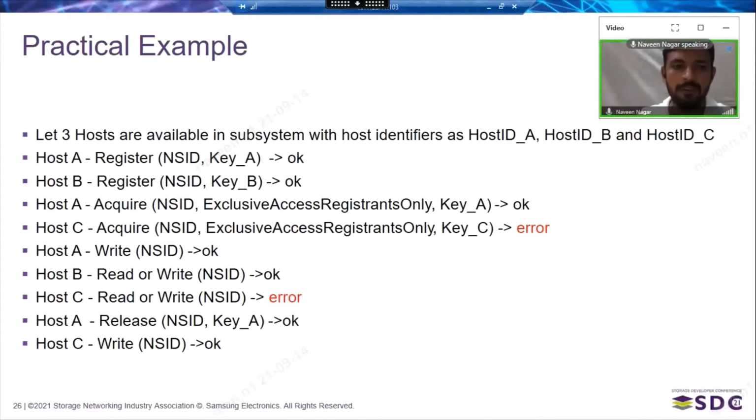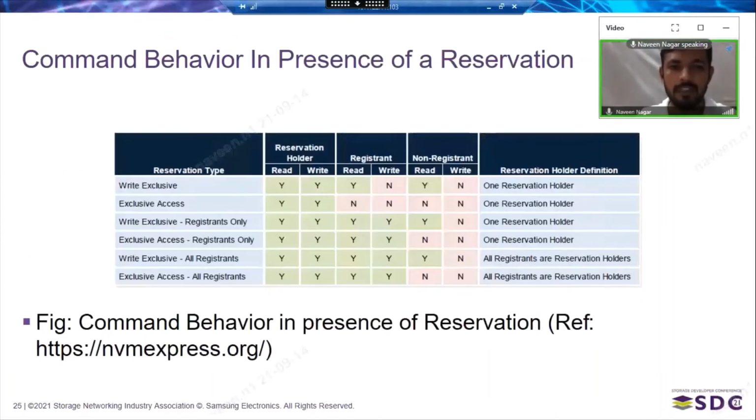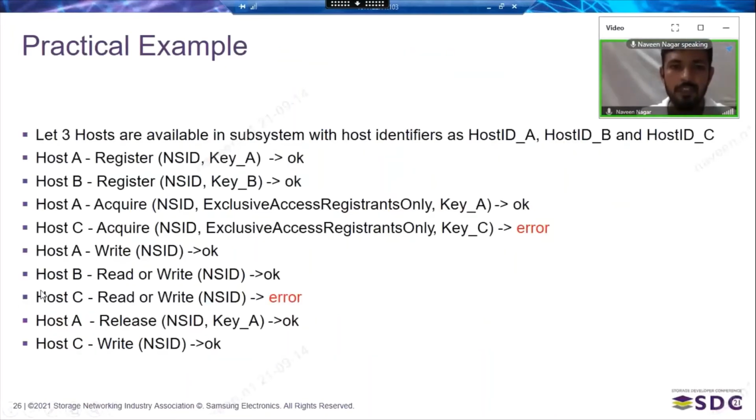And we have seen that if the reservation type is exclusive access registrant only, the reservation holder as well as registrants can perform read and write operations on that namespace. So we can see that host A is a reservation holder, so it can issue a write command, and host B can also issue a successful read or write command.